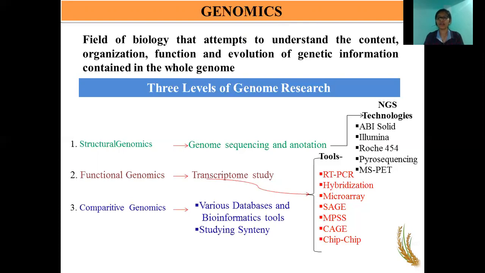All these next generation sequencing technologies are useful in identification of the genome sequence, in annotating that genome sequence, and identifying the exons and introns present in the sequence. All these things will be done with the help of these various NGS technologies.